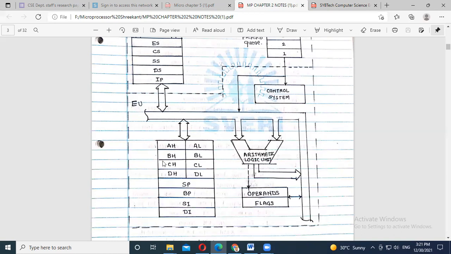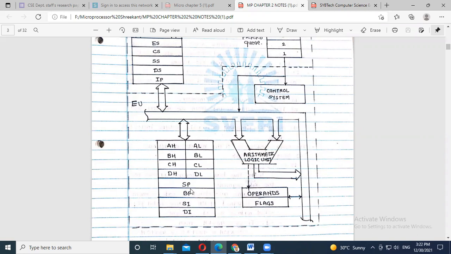Along with that, we have stack pointer, base pointer, source index, and destination index. The stack pointer is very important for getting to a particular location, as is the base pointer, and the source index and destination index. Source index means where the data is present, and destination index means where we have to transfer the data to. So this is the storage purpose.